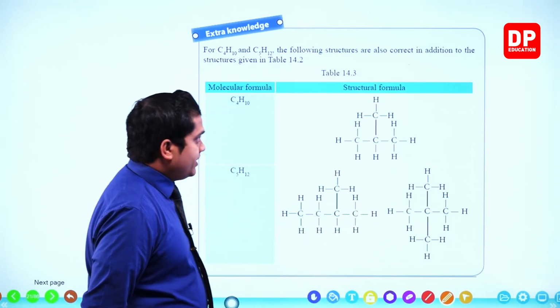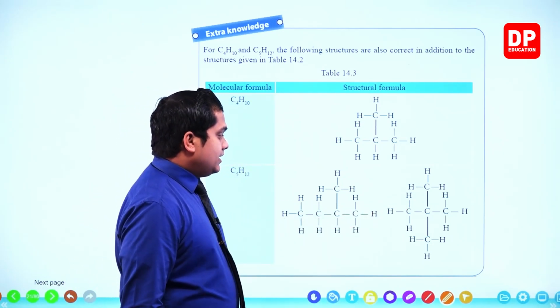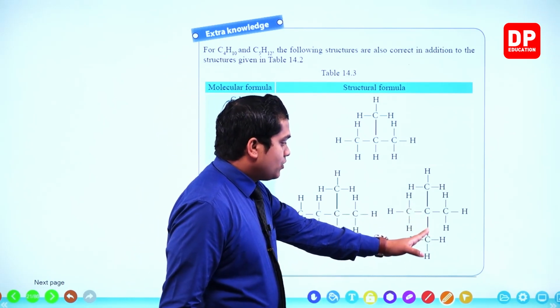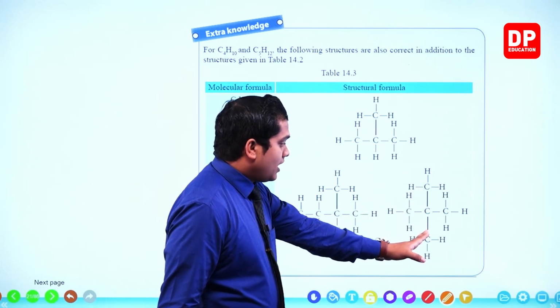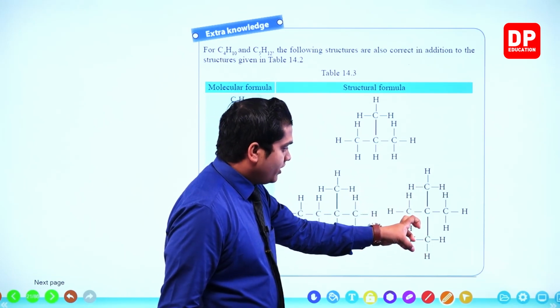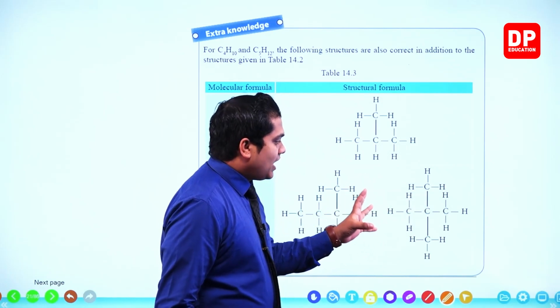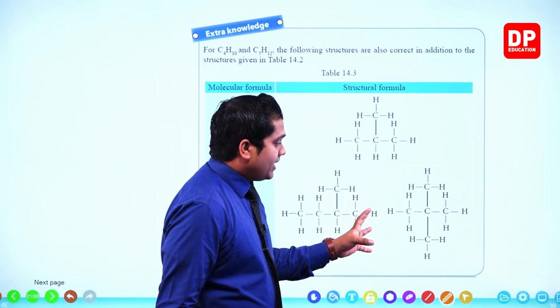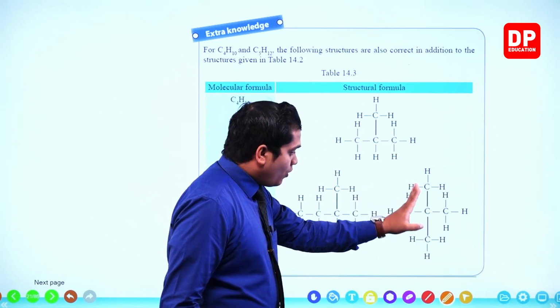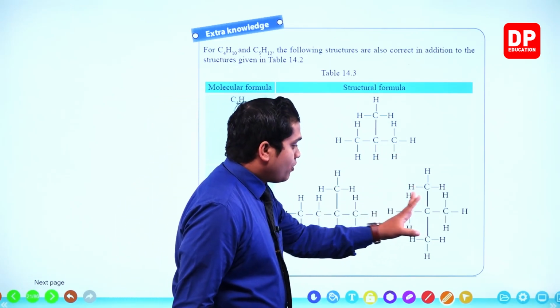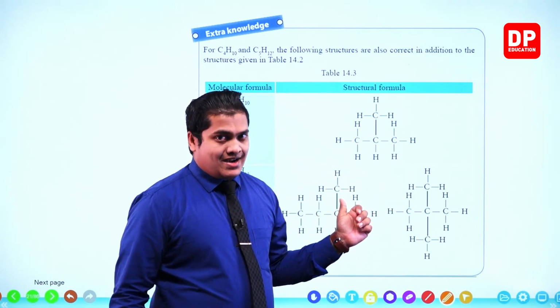Here, my dear children, you can observe that from the middle carbon atom, 2 other carbon atoms are bonded. As you can see, this carbon hasn't got any hydrogen, as all 4 of its bonds are bonded with carbon atoms.